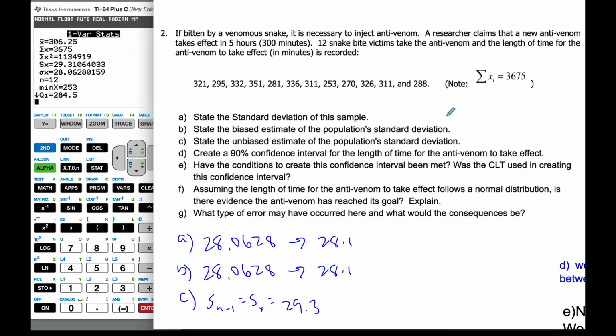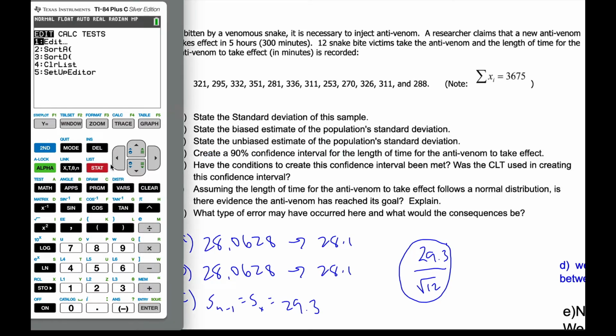And so when I create the confidence interval, I will use 29.3 divided by the square root of 12. That's the standard deviation that will be used in calculating the confidence interval that you don't actually see. It's in the background.